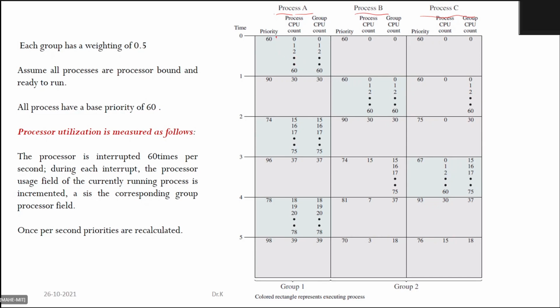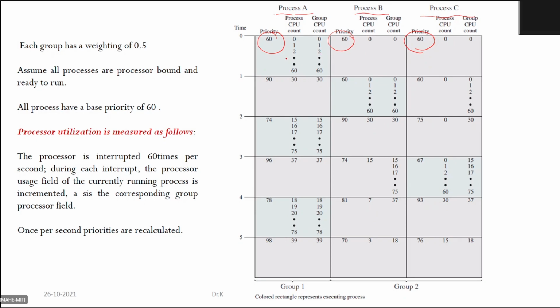We can notice some random numbers given here. The initial priority is 60 for all 3 processes. So assume that all processes are processor bound. There is nothing like I/O. All processes are processor bound and they are ready to run. They are ready in the list.